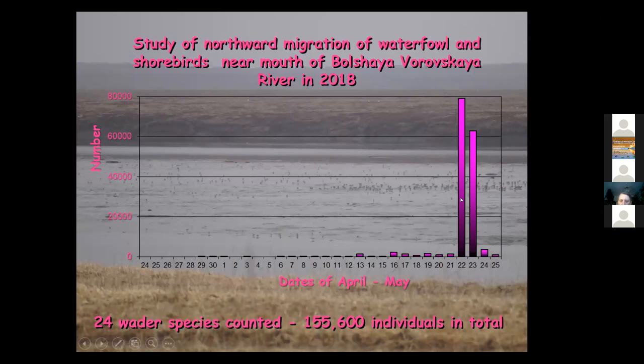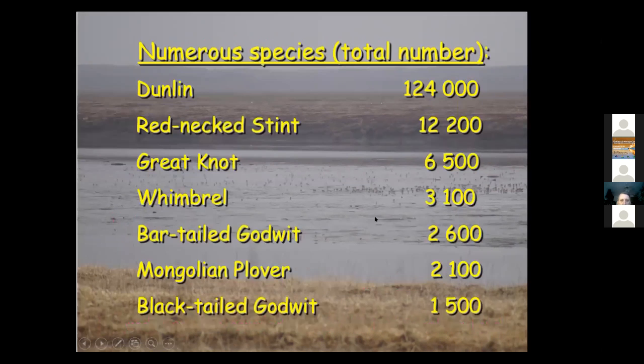You can see that in only 2 days there is a huge number. In total, at this small point more than 150,000 waders stopped for a short time. This is the total counted number for spring in 2014. Thank you.